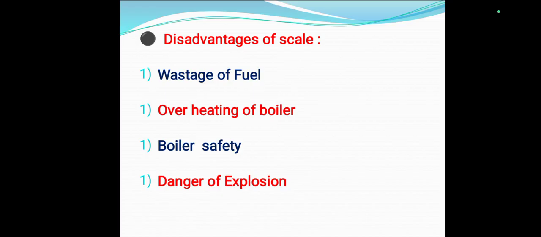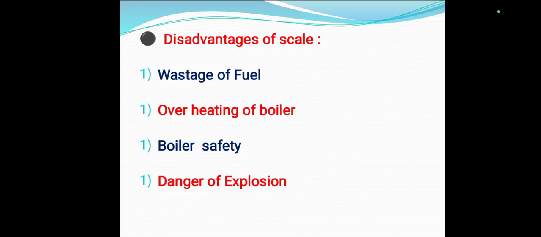And once it becomes weak and brittle, it will be unsafe to use. So boiler safety will be a problem if we overheat the boiler. So overheating makes the boiler brittle and weak, so there is a problem of boiler safety.